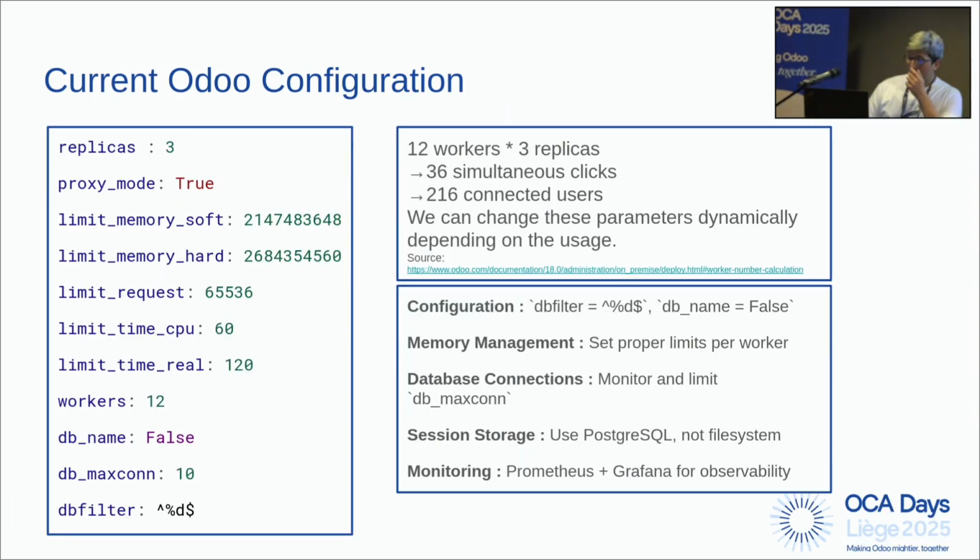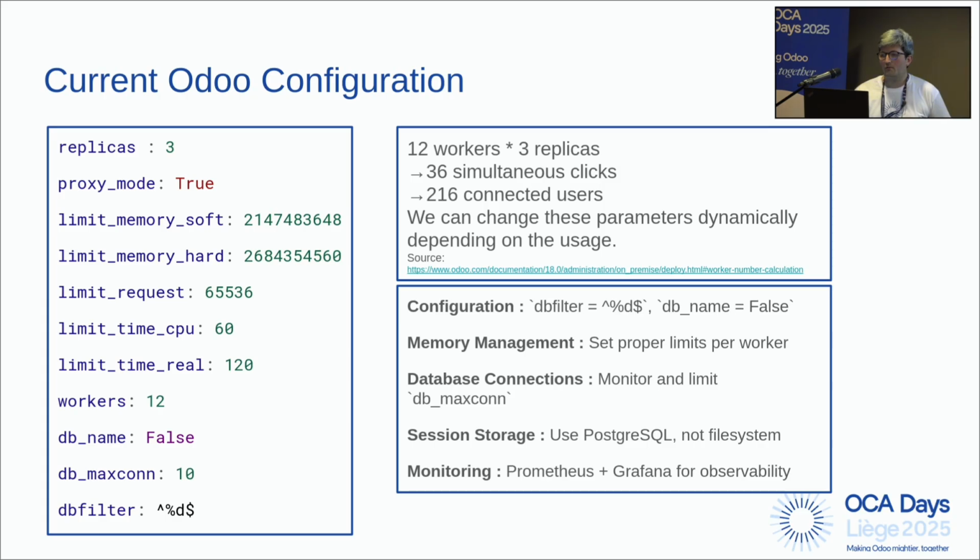Now, let me show you the actual configuration that powers our 78 tenants. These are our battle-tested production parameters. The DB filter configuration is crucial for proper tenant routing, like I explained before.